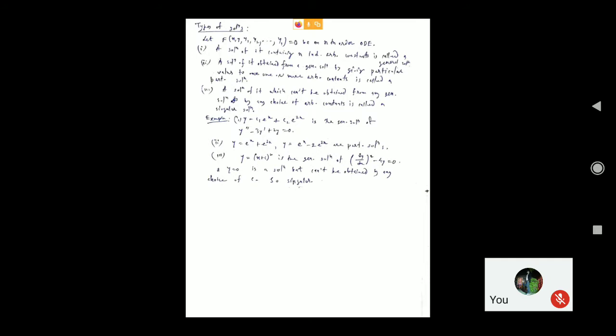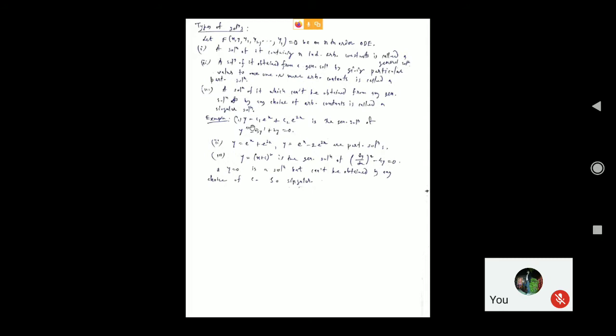Usually, if you solve a second order differential equation, in its solution you will have two arbitrary constants, and it is called a general solution. When a solution is obtained from a general solution by giving particular values to one or more arbitrary constants, it is called a particular solution.